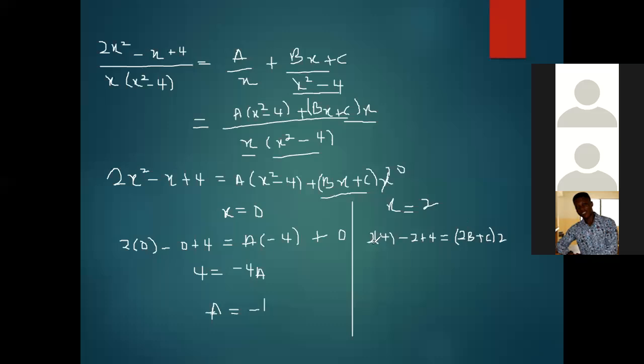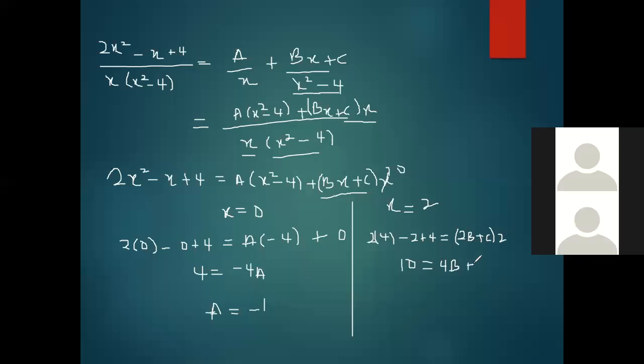On the right hand, we have 8 minus 2, which is 6, plus 4, which is 10. On the left hand, we have 4B plus 2C, which is an expression we would have to use to find possibly C or B.